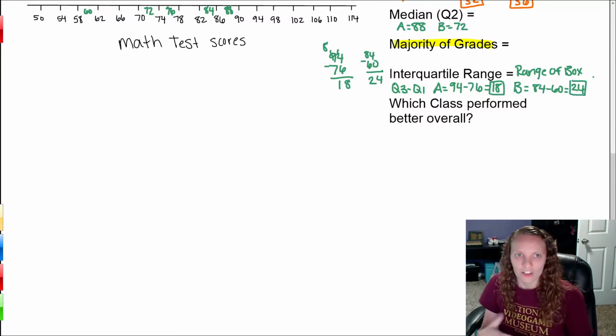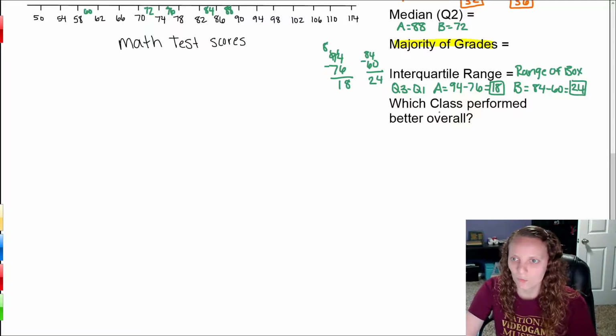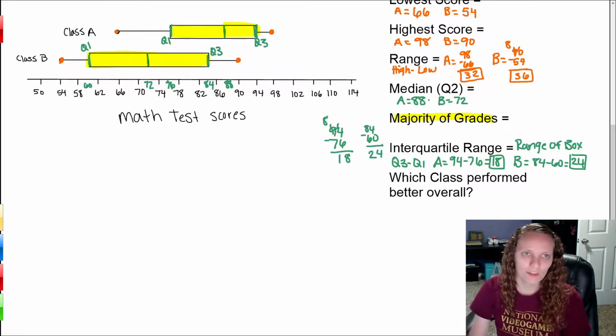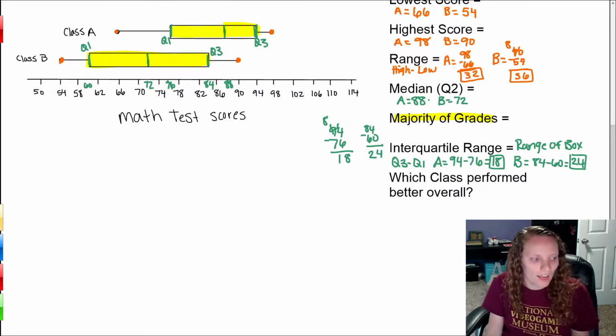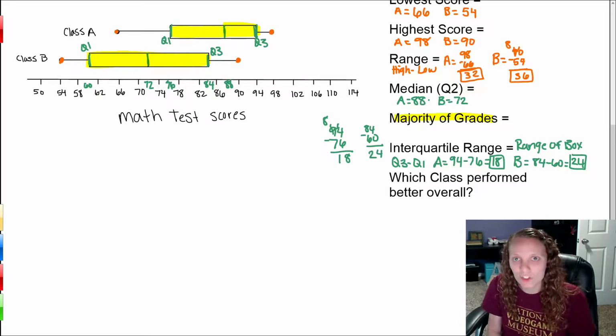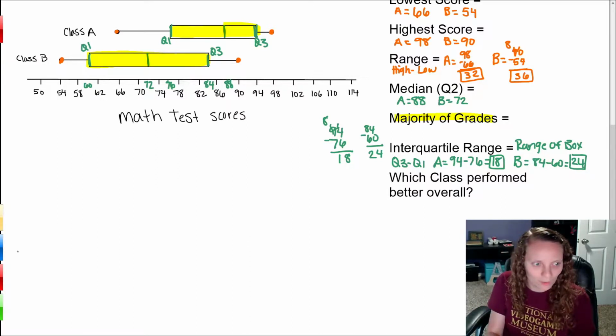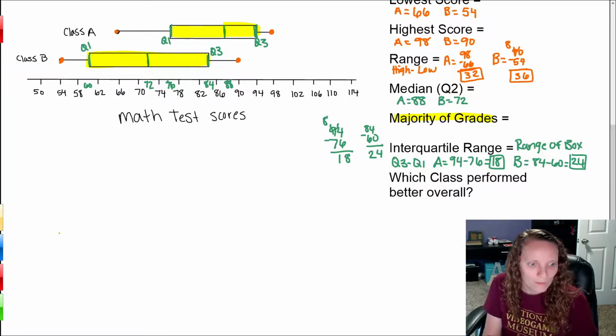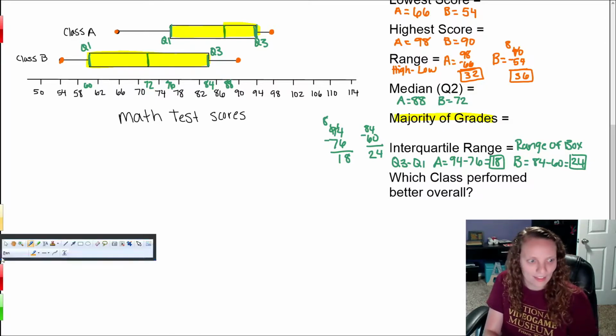And then after we've done all these different things, it says which class performed better overall. So I'm just going to look at the pictures and we're going to try to decide which class had higher test scores overall. I see that class A is kind of shifted to the right some. Their grades tended to be higher and more shifted to the right than class B's.